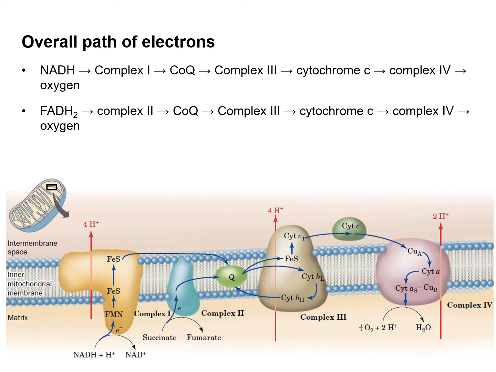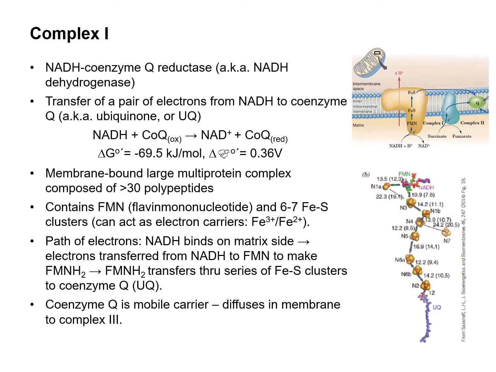Another path starts from FADH2 in complex 2, and then goes through pretty much the same path: coenzyme Q, complex 3, cytochrome C, and complex 4 to the oxygen molecule. So let's take a closer look at this path of electrons in the mitochondria.